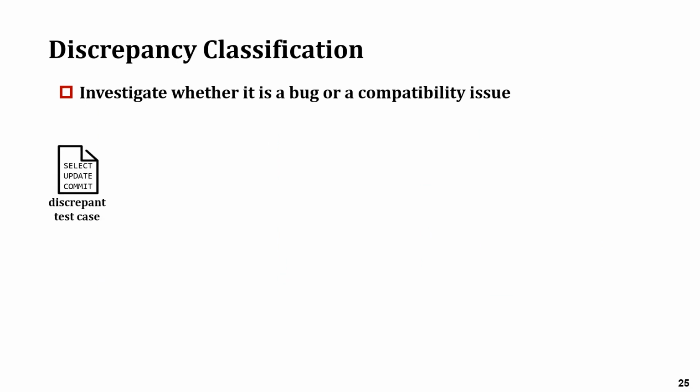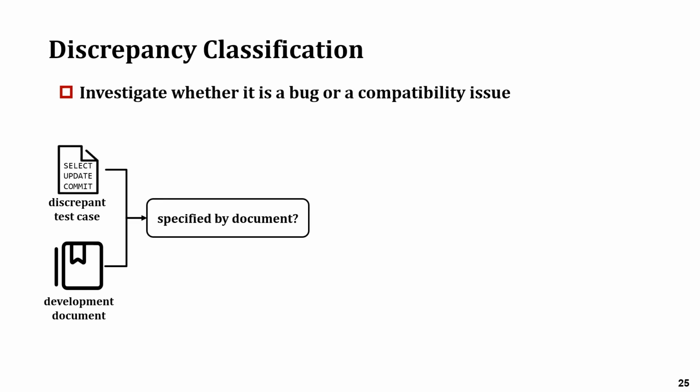If a transaction test case triggers a discrepancy, we investigate whether it is a bug or a compatibility issue. For each detected discrepancy, we first investigate the transaction implementations from development documents provided by related DBMS to analyze whether a discrepancy is specified by the document.